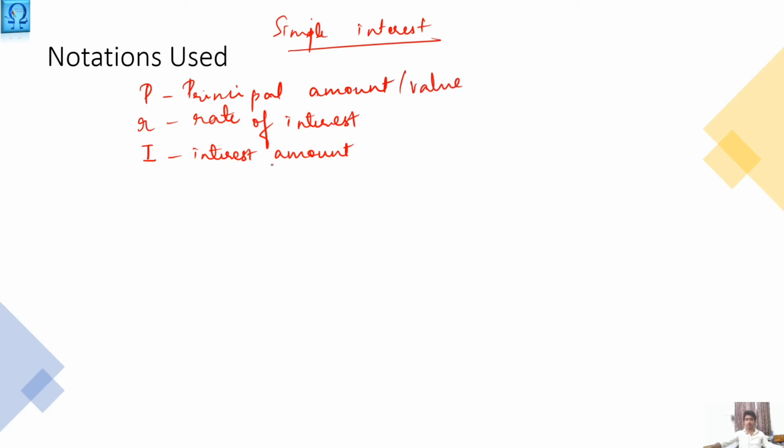This we may simply call interest, and along with the principal, the extra money called interest gets added, and that we call the total amount or simply amount, and that is denoted using the letter A. Okay, and the number of years or the number of time units is denoted using the letter N. In general it is years. So these are the notations that we are going to make use of in this course, and let us move further.